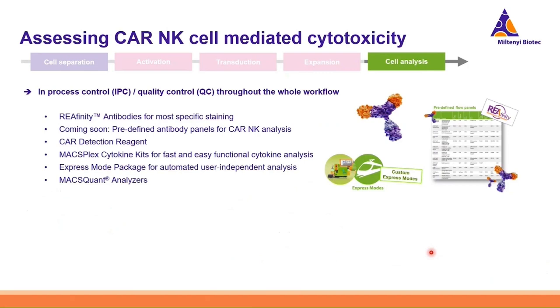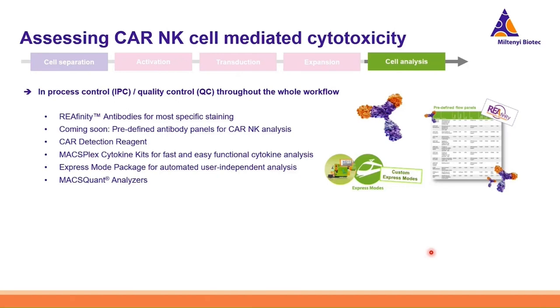And with this, I'm coming almost to my last slide. To summarize, in-process control and quality control are very important. For this, we offer the REAfinity antibodies for very specific staining, and there will also be predefined antibody panels for the CAR NK cell analysis.